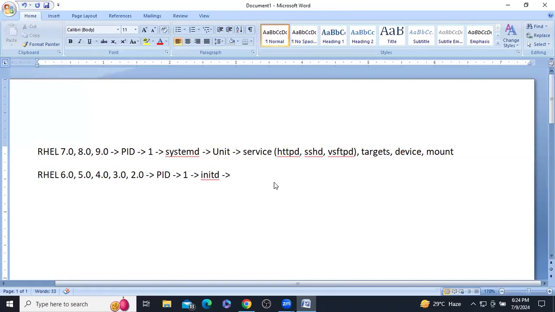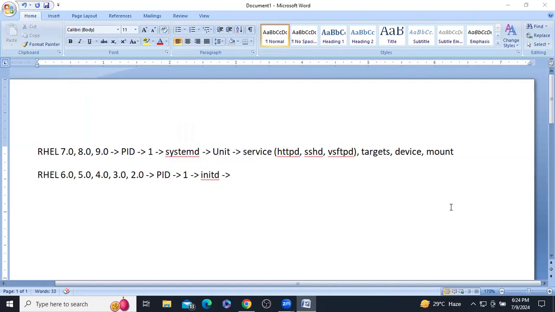I will tell you, give me some time. Now, I hope you're clear. RHEL 7.0, 8.0, 9.0 have systemd. So systemd is going to activate all the system resources like services, targets, directories and mount points, right?